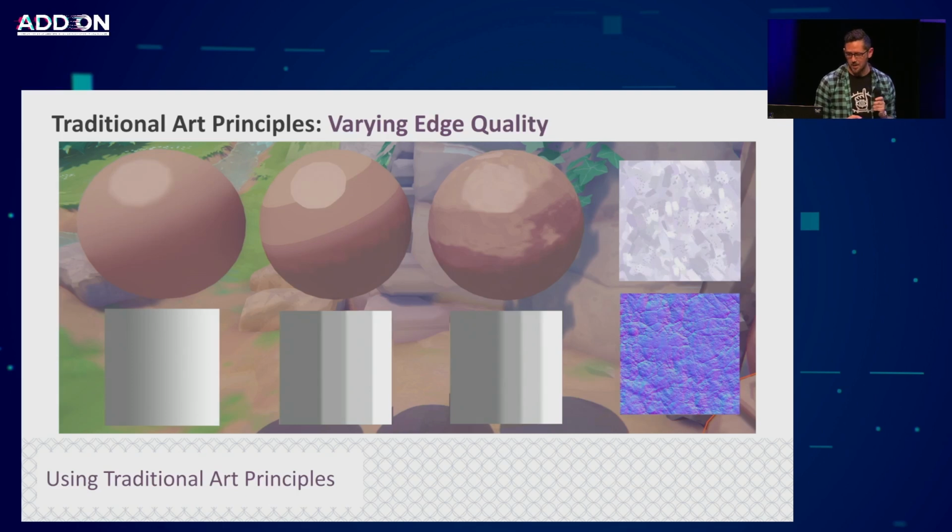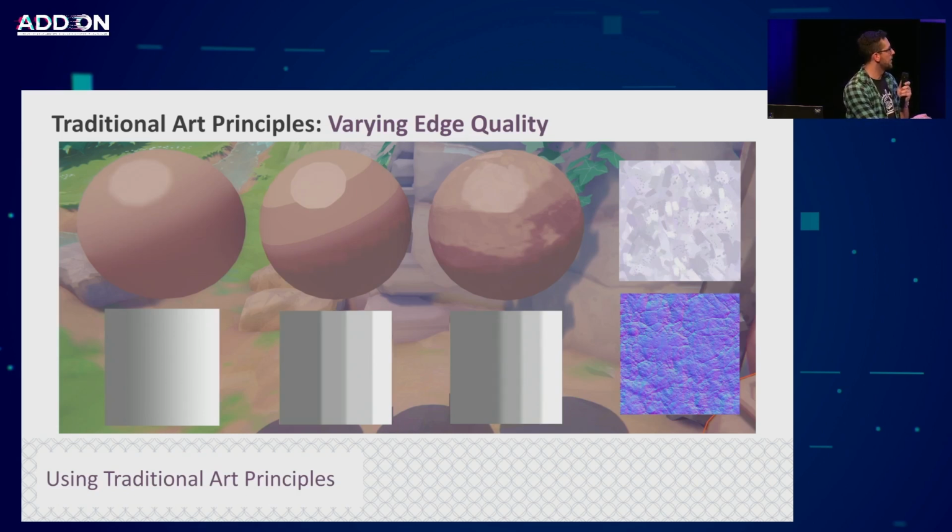So we've got an example here. As I was saying before, you've got the classic light to dark gradient on the left-hand side, just straight light to dark. Then in the middle we've got four values, but pretty sharp in terms of the way they fall off into each other.